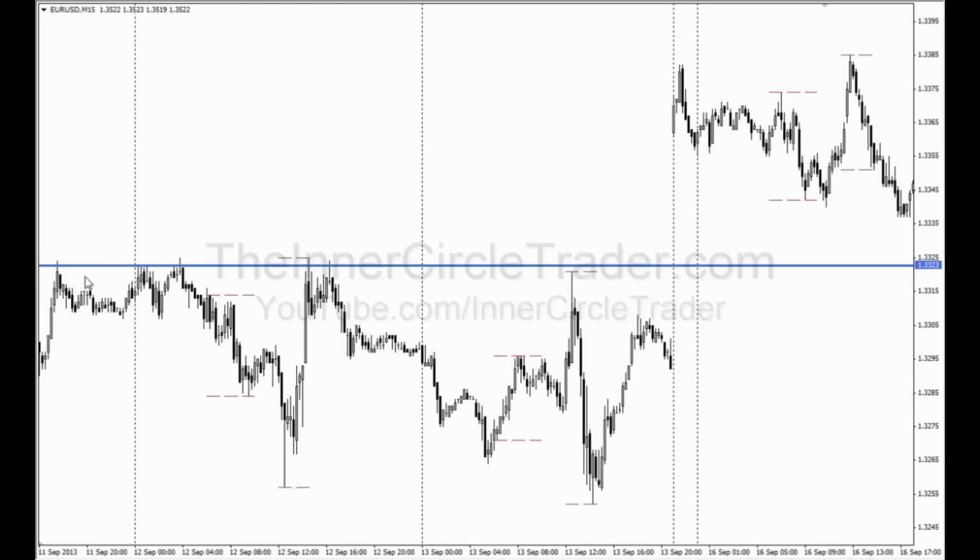I think it would be hard pressed to find anyone that would really fight this as being a discernible level of resistance. We saw it bounce up here, here, here. And if price was to get back above it, as we see here, we would expect it to be what? Support, right? So we would have a role reversal, if you will.